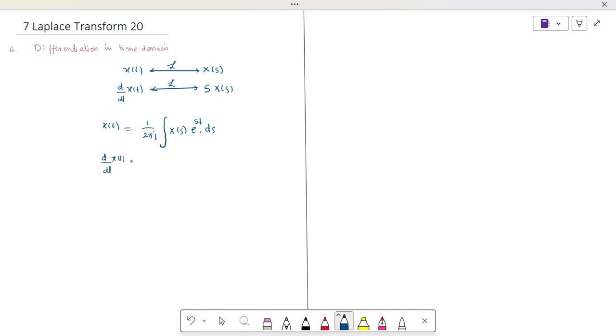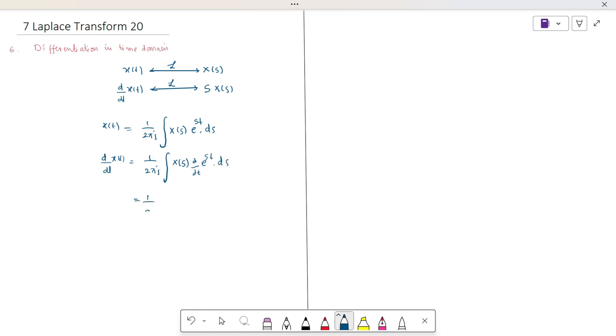On the right side, we already have the integration. Inside the integration, the differentiation becomes partial differentiation. In partial differentiation with respect to t, this s is a constant. So do the partial differentiation dou by dou t of e power st ds.